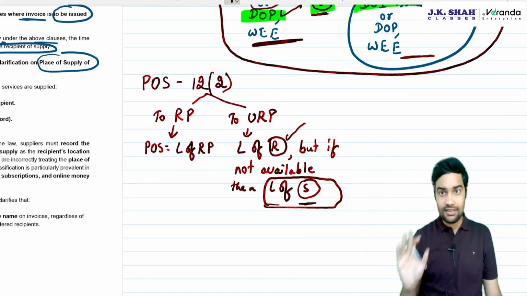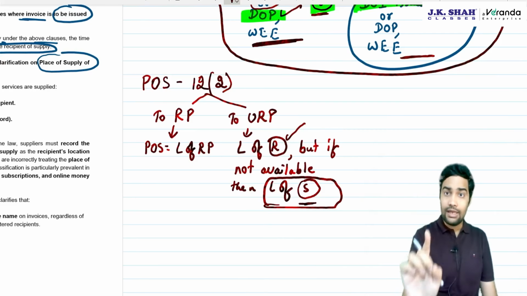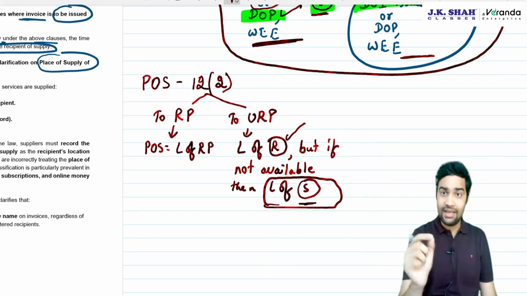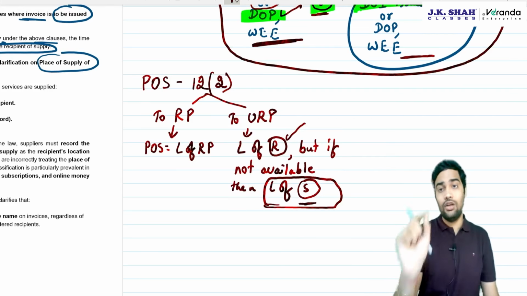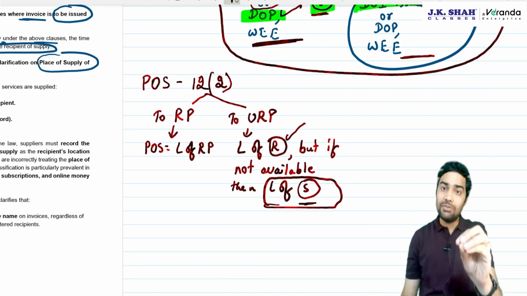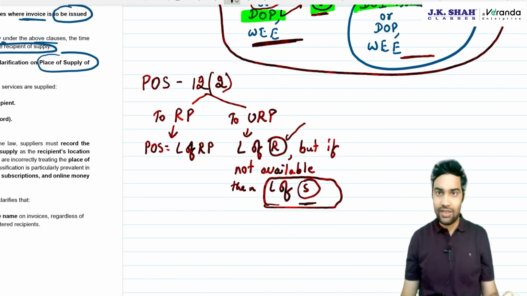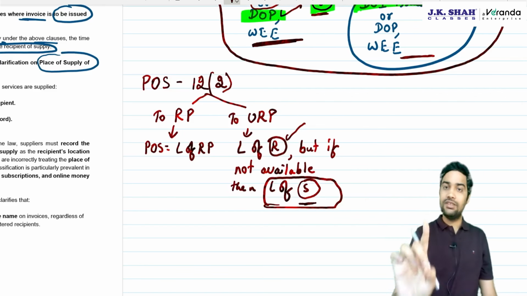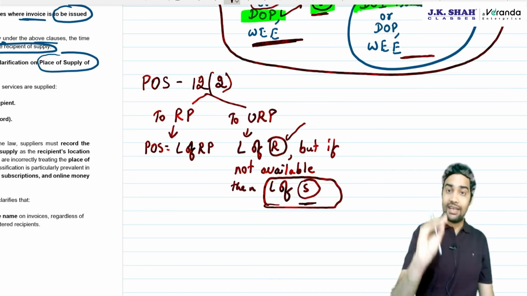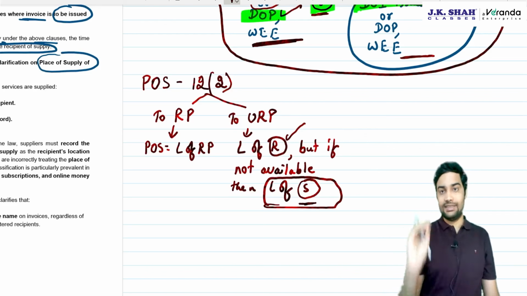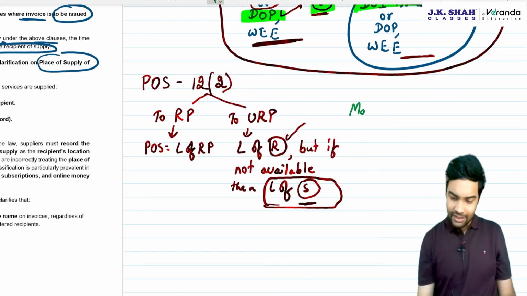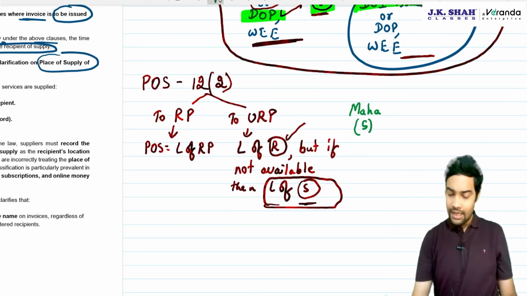Government has issued this circular saying that suppliers have to collect the location of the recipient, and merely collecting the state of the recipient is sufficient. So what has to be collected? State of the recipient, so that tax flows to the correct state. I'll give you an example. Say suppose there is an online money gaming supplier who is in Maharashtra.